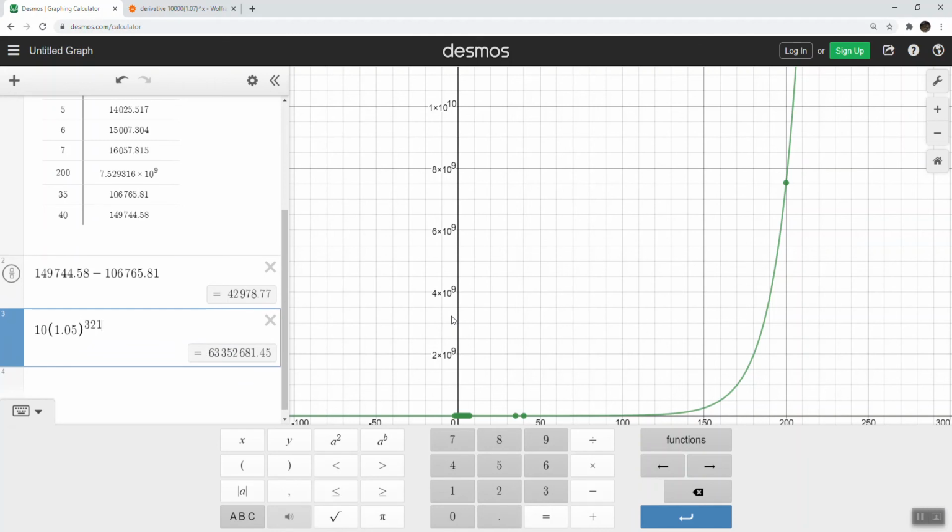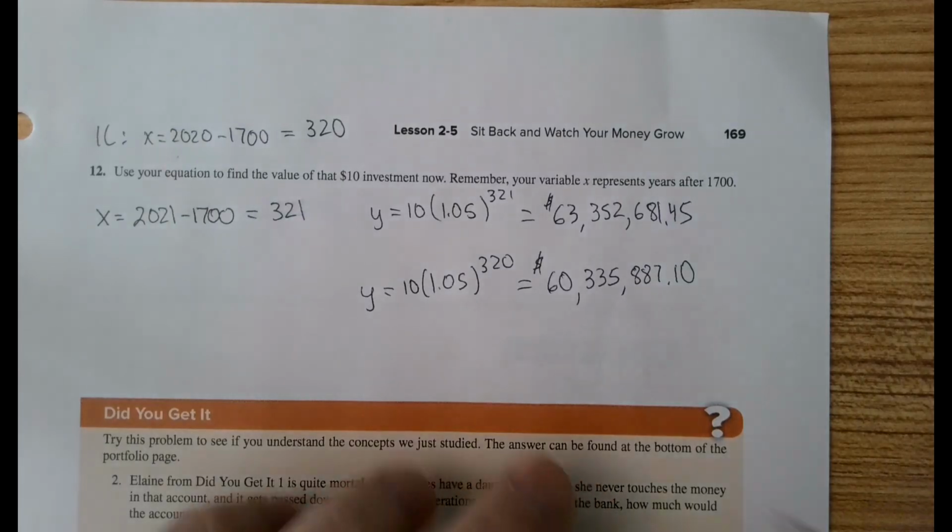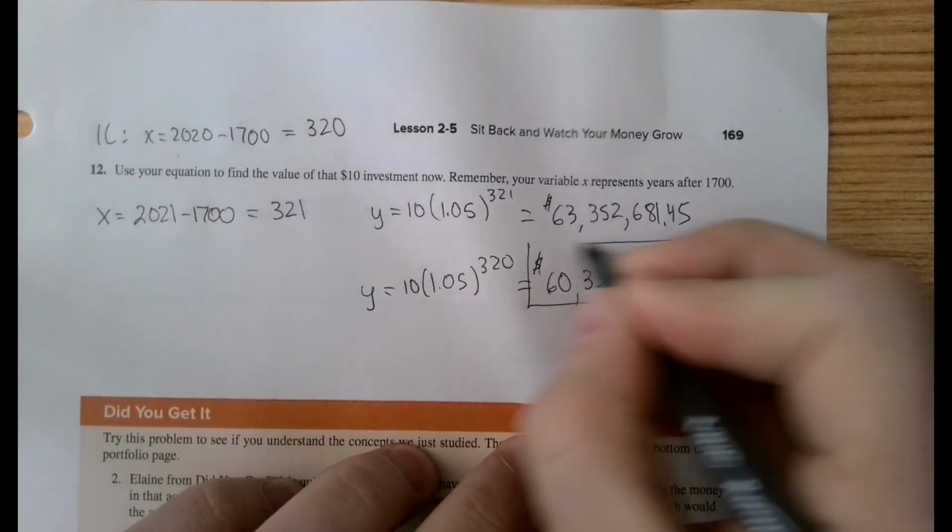That is because you can time travel, right? That's a 321-year investment. For the answer to the lesson check, it's 60,000, so 3 million less. Isn't that wild? Almost a little under 3 million less for a 1-year difference. You're to round to 2 decimal places for the lesson check. So this is our lesson check answer.